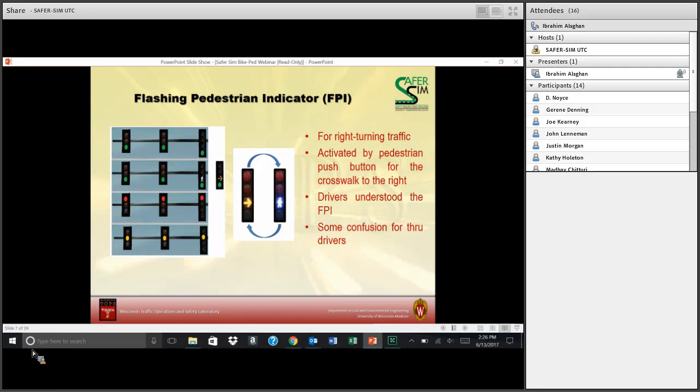This study was done in Florida, and it was only a driving simulator study. One issue is that they found the through drivers had some confusion about it. Some through drivers thought they may expect a pedestrian in front of them, so it has some disadvantage. Let's go to the next one.